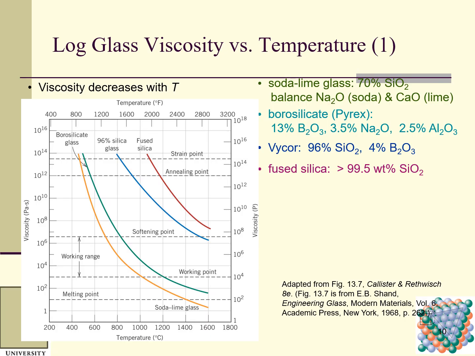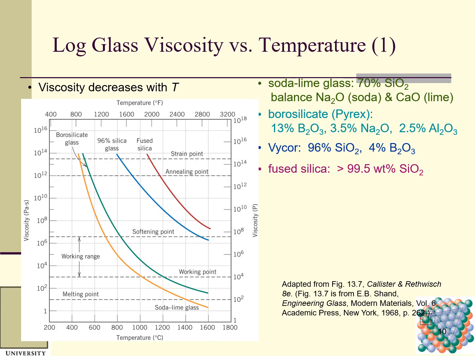What is fused silica? It is a material containing more than 99.5% silicon oxide, and Vycor is 96% silicon oxide and 4% boron oxide. Borosilicate has 13% B2O3, 3.5% sodium oxide, and 2.5% aluminum oxide.